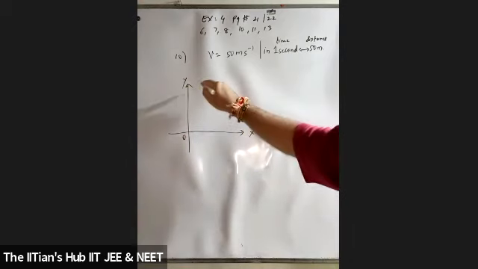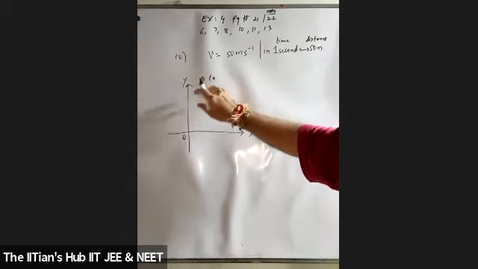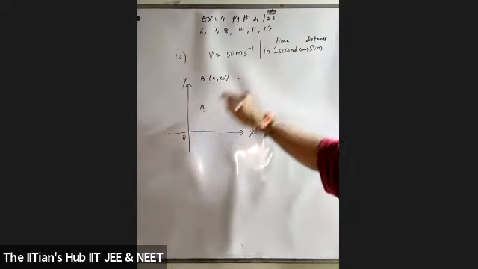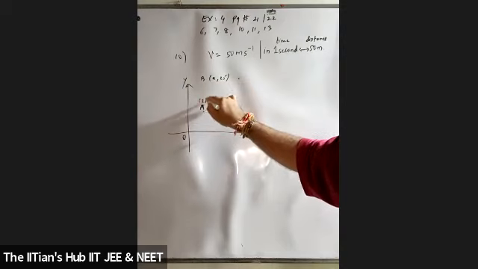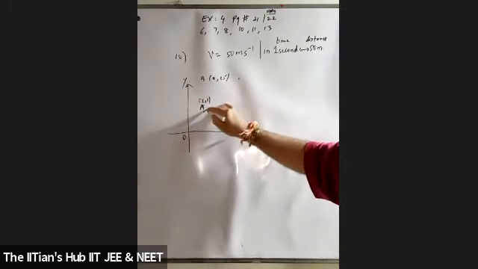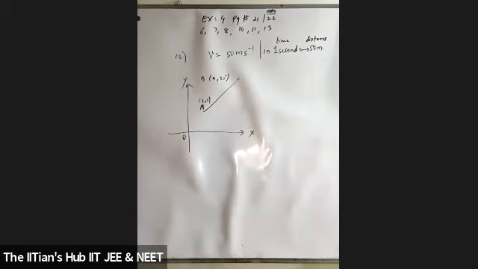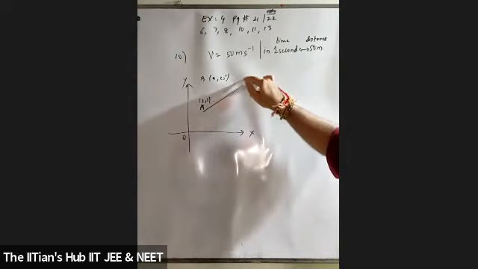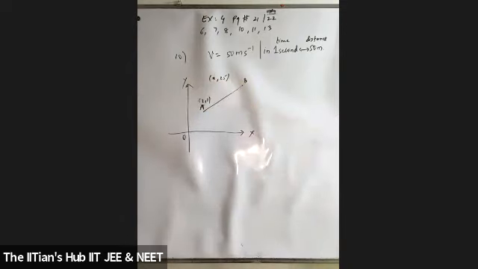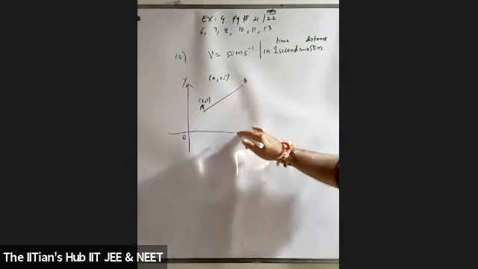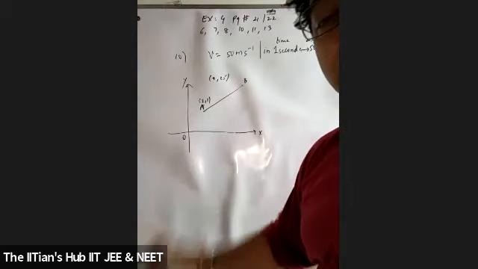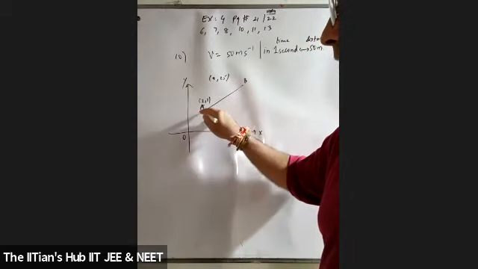It has moved to point B, which is somewhere at (9,25). So this is the displacement of the particle. Agreed? Let this be point B, having coordinates (9,25). क्या ये clear हुआ students सबको? Yes, sir. अगर तुम ऑब्जर्वर हो स्टूडेंट्स, ध्यान से सुनना, तुम बोलोगे सर पार्टिकल पहले यहाँ पे था.